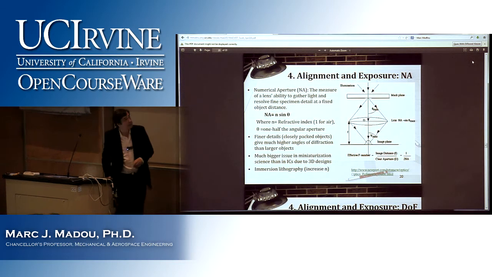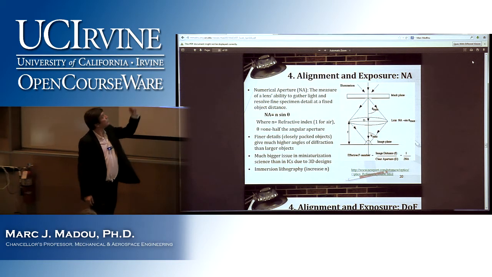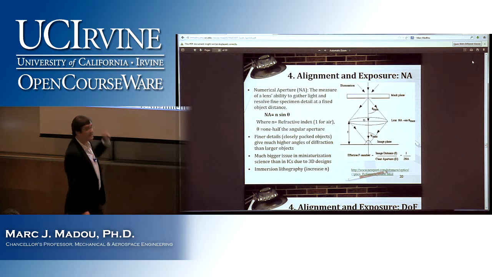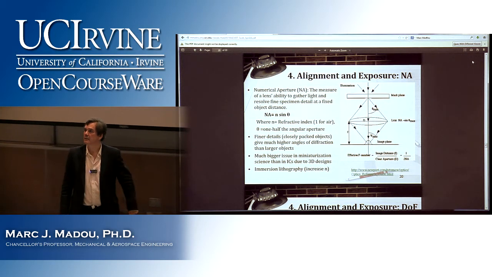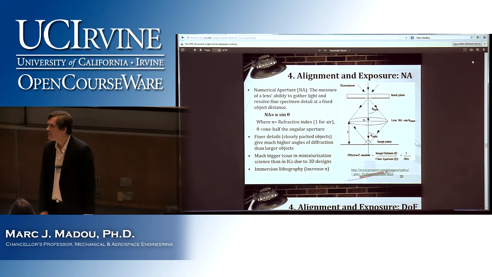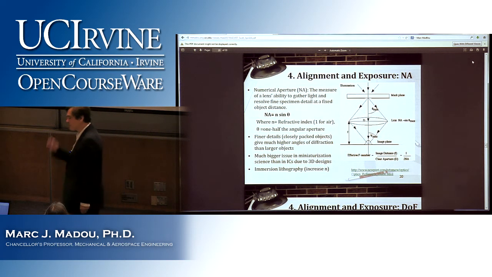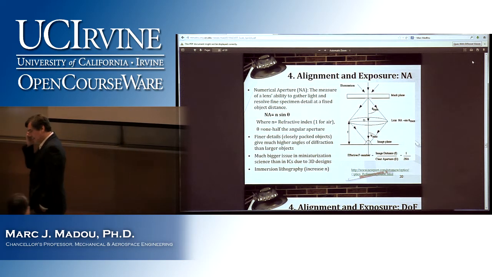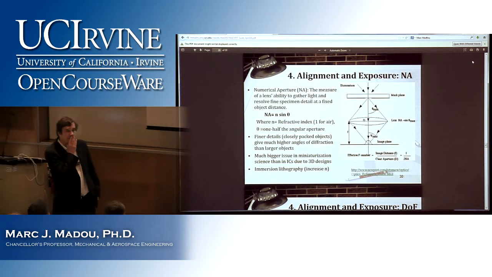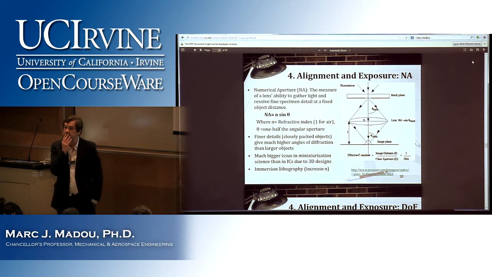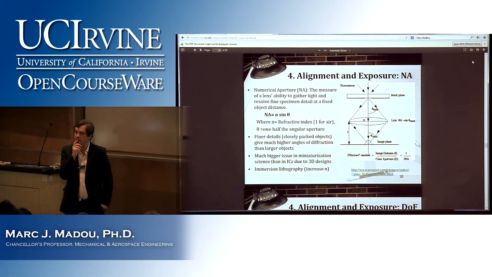In this equation here, numerical aperture is n sine theta. What is that n? The refractive index, and in air it is 1. This simple equation gives you a means of further improving the resolution of lithography.